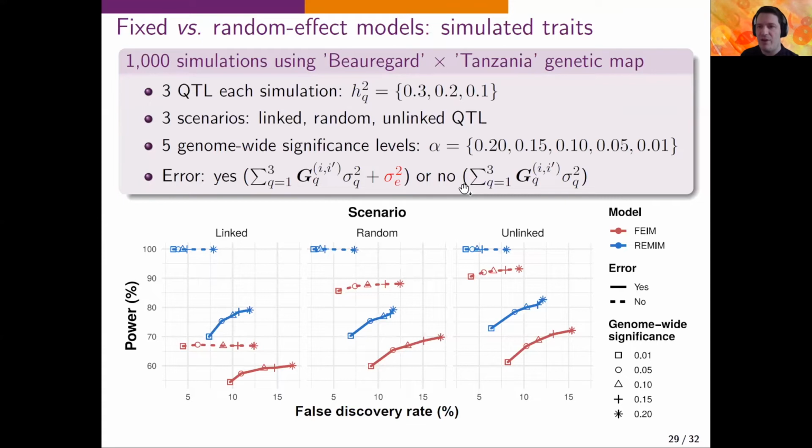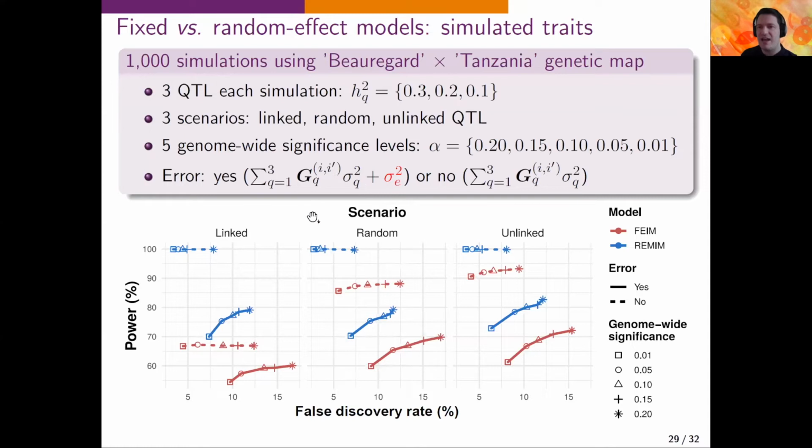Then we ran both fixed effect interval mapping and random effect interval mapping with 5 genome-wide significance levels obtained through permutation in the case of fixed effect model, and resampling of score statistics in the case of the random effect model, with phenotypes with no error included.